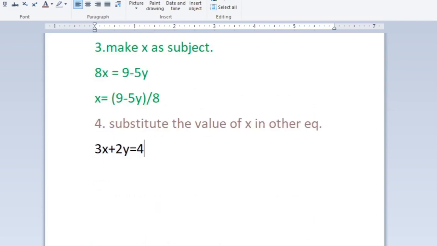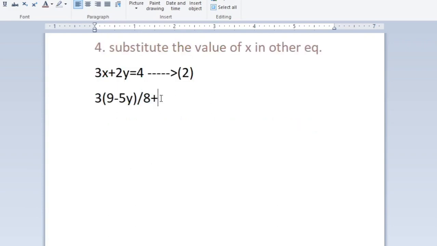Therefore, now I am going to substitute this value here only. Then what is the next step? 3 of (9 minus 5y) by 8 in place of x, plus 2y is equal to 4.